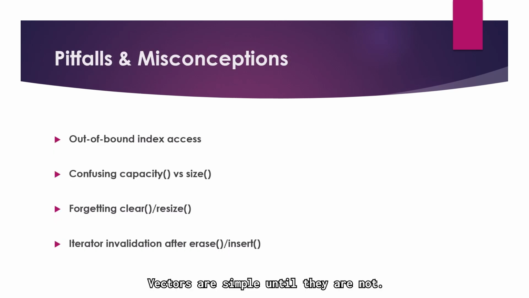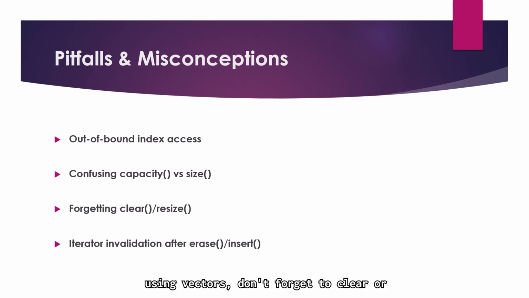Vectors are simple until they are not. Let's address a few common mistakes that trip up even experienced developers. First, be careful with index out of bound errors. The subscript operator does not throw an exception. At does. A lot of people confuse size and capacity. Size is how many elements are actually there. Capacity is how much memory has been reserved.